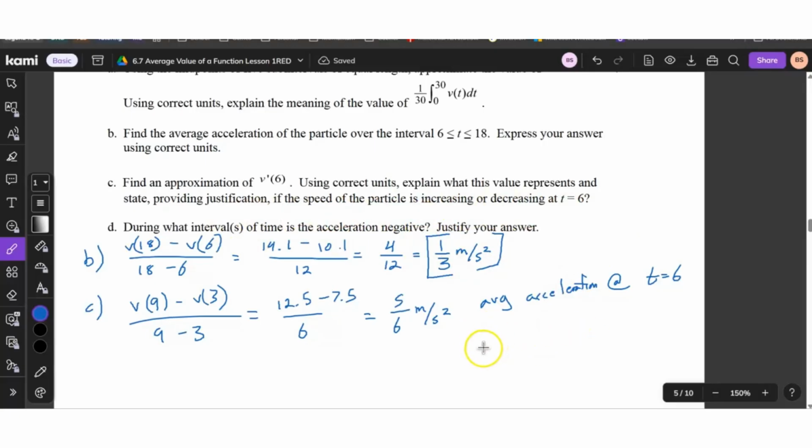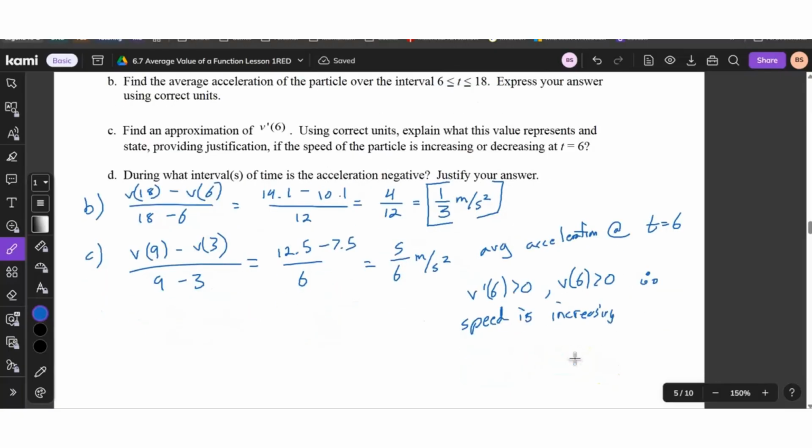So we would probably say v prime of 6 is positive. V of 6 is also positive, right? Therefore, speed is increasing, right? Because they both have the same sign. Yeah? Yes. Yeah.